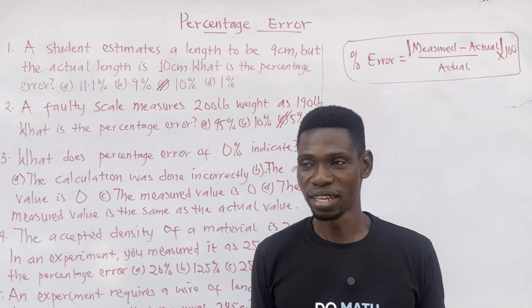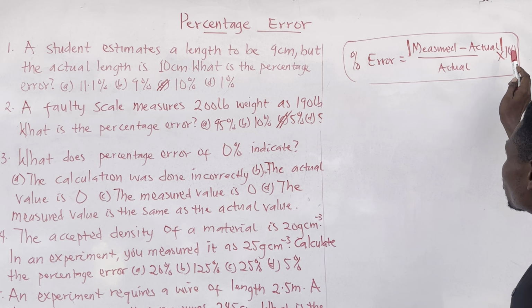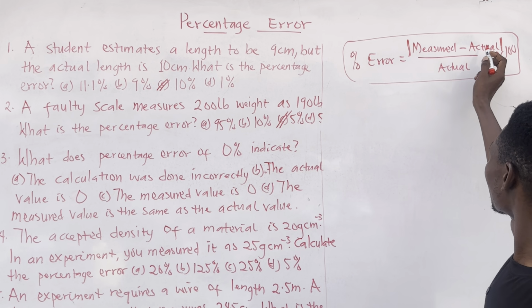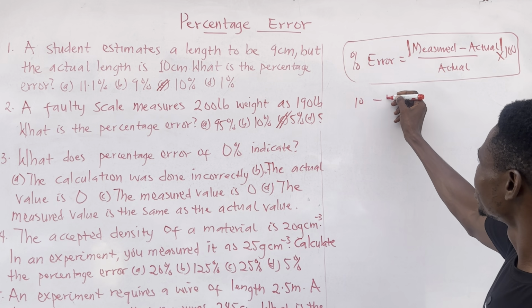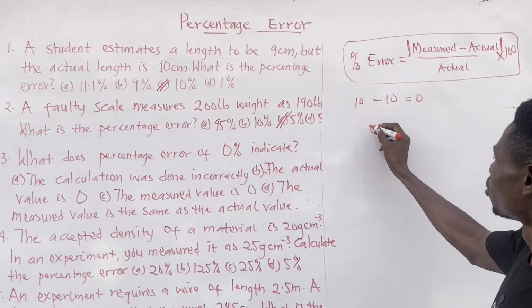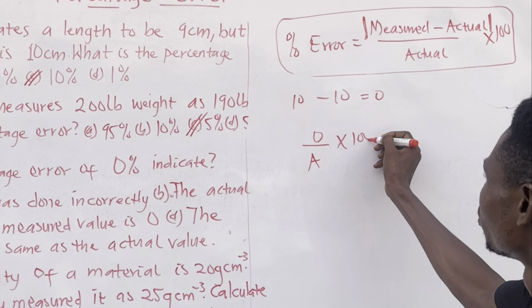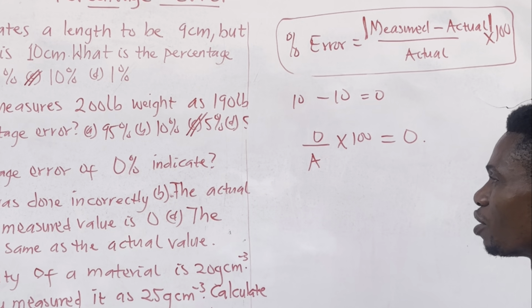Let's even see something. Remember, our formula is measured minus actual over actual times 100. Now, if our measured and actual are the same, let's say 10 and 10, 10 minus 10 will be 0. And 0 over whatever it is times 100, the answer is 0.